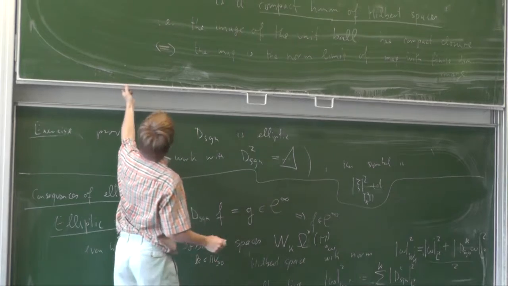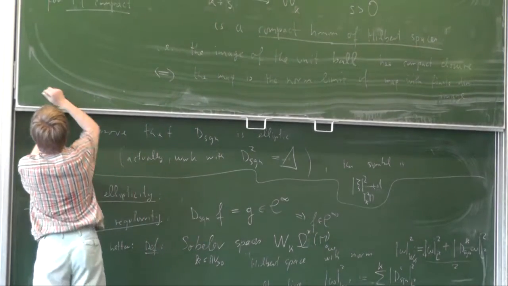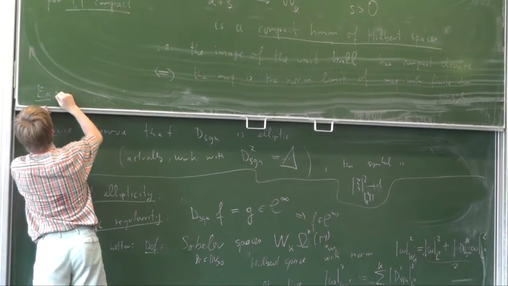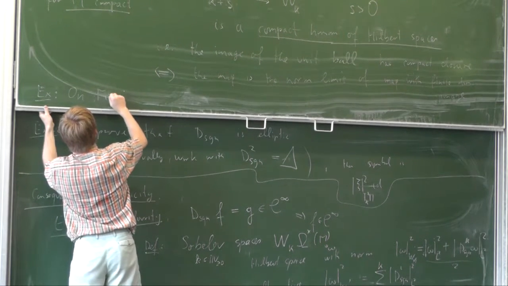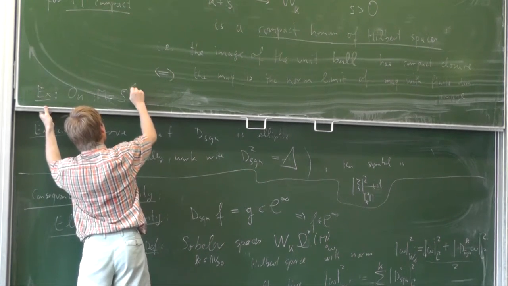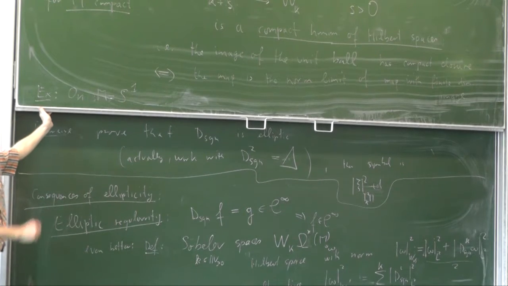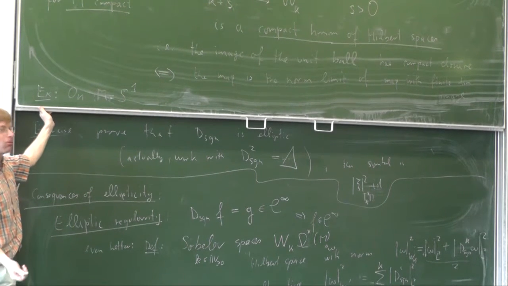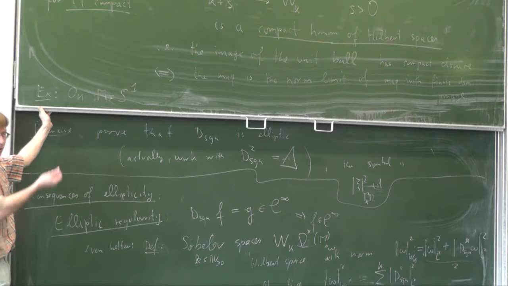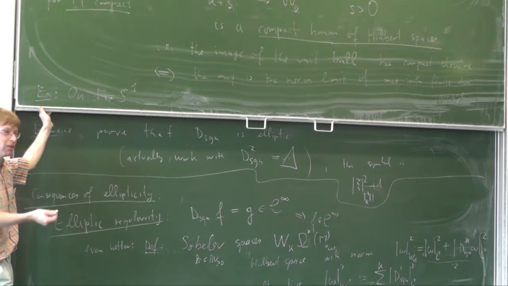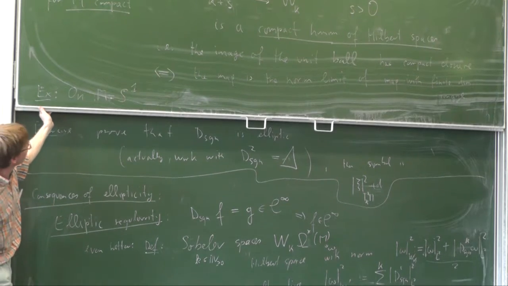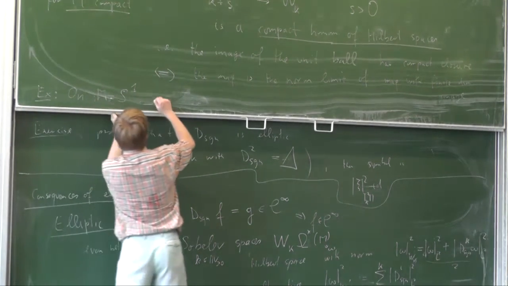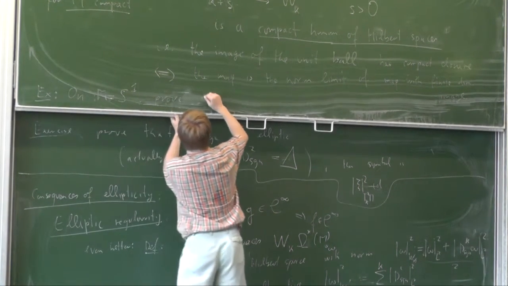Classic, not going to prove it, but an exercise. On the circle, this is a compact manifold. Things should look quite nice. We can work out the signature operator, which is actually the only operator it could be, d by dx. Prove this Rellich lemma.